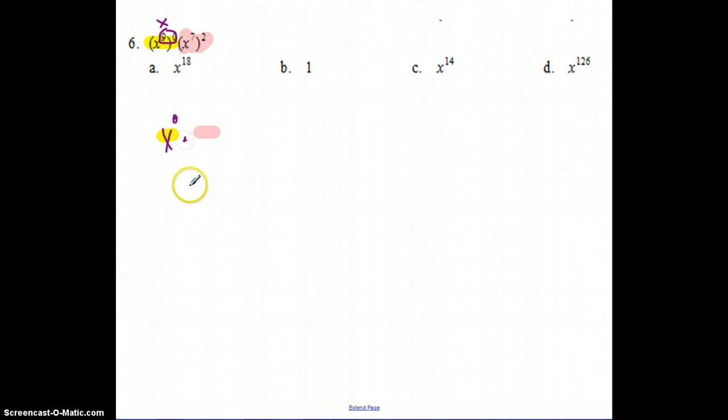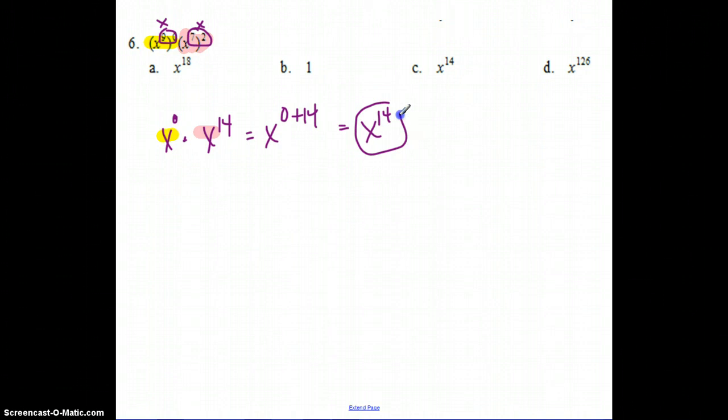Do a multiplication sign there. Then if I multiply these two together, I'm going to add my exponents together, which will give me x to the 14th. So in this one, my answer is C.